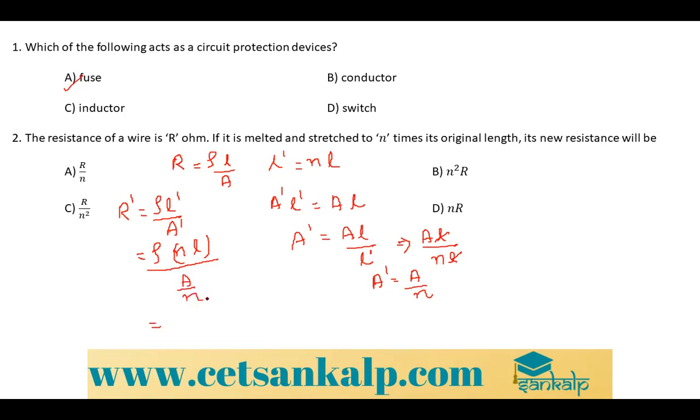So when the n is shifted to the numerator, it becomes n square rho L divided by A. So R dash is equal to n square rho L divided by A. But rho L divided by A is nothing but R. So it is n square R. So option B is the right answer. I hope you are clear with this.